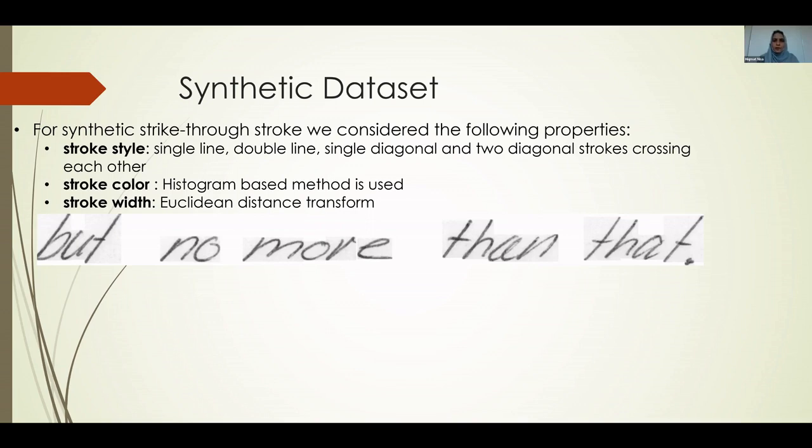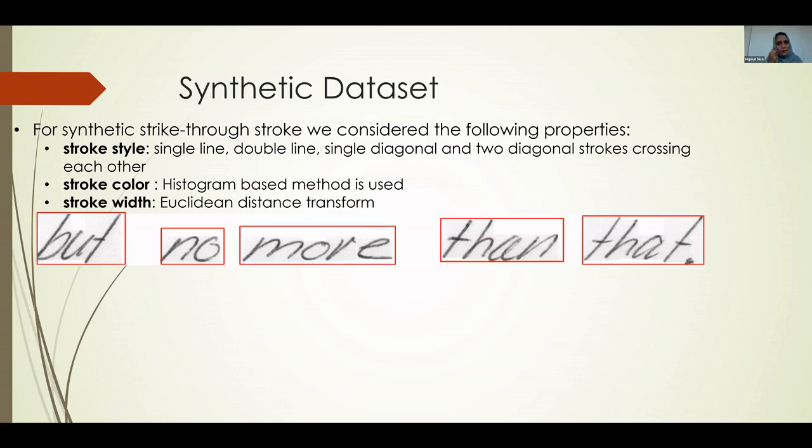We considered three properties: stroke style, stroke color, and stroke width. The stroke is what is used to cross out the word. This is one of the images. First, using connected components, we detect the bounding box around each word in a handwritten line. Then we randomly select one of the words, and we also randomly select one of the stroke styles.